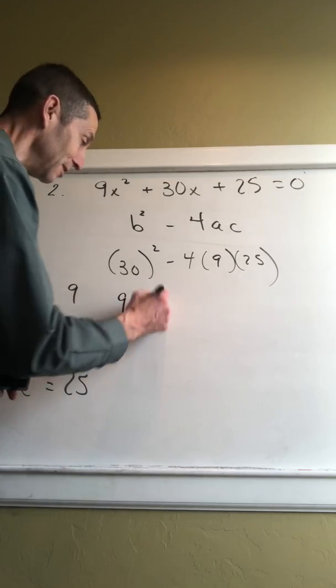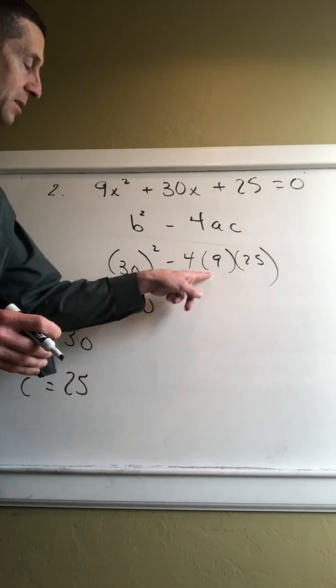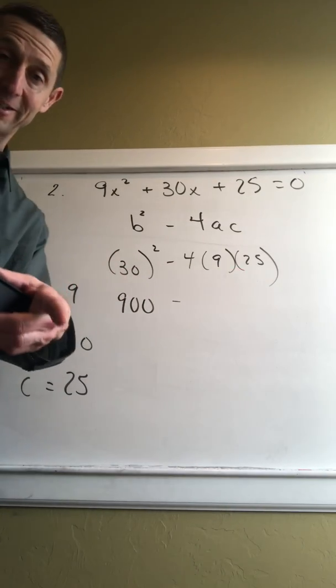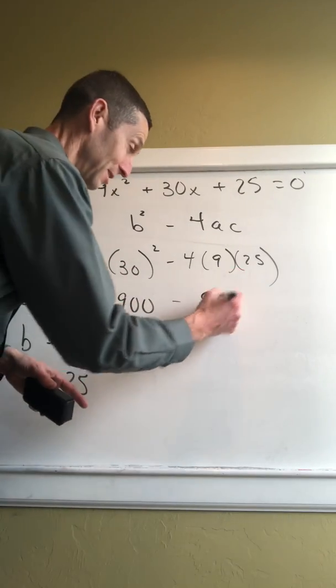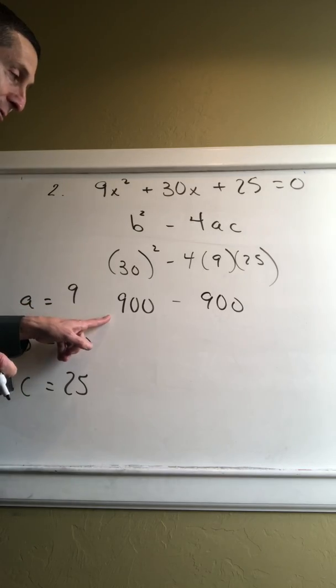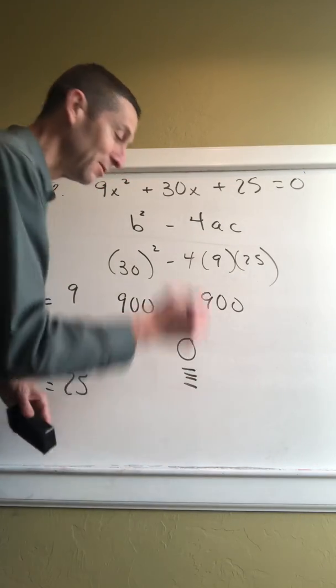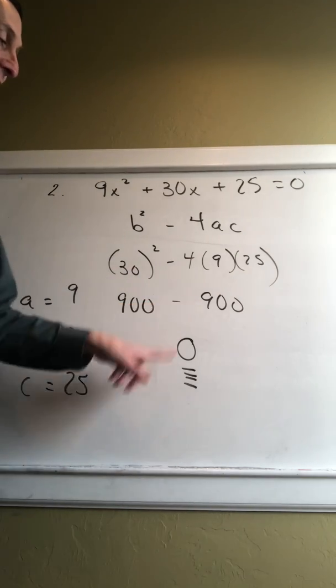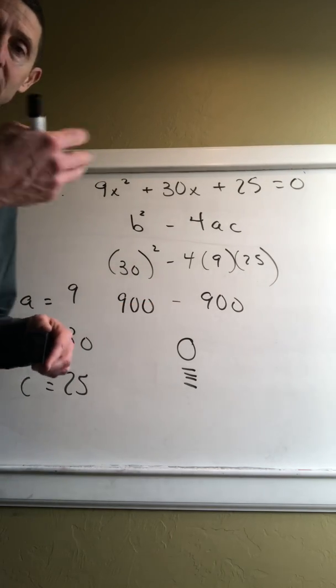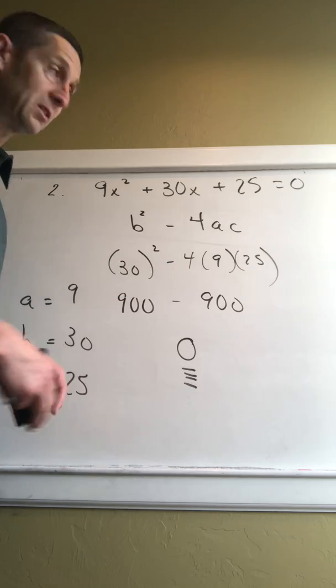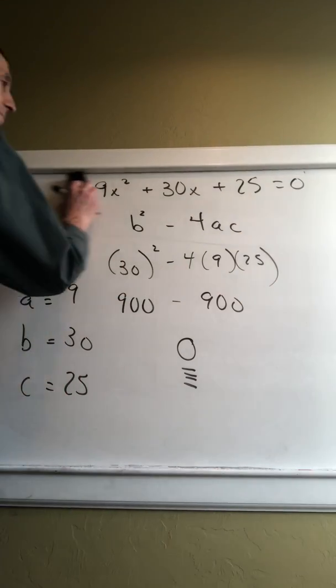I'll tell you, it's 900. Then you take 4 times 9 times 25. Oh, I see where this is headed. This is also 900. So if you have 900 and you subtract 900, you just found your first answer. 900 minus 900 is 0. So my discriminant turns out to be 0, and that's your first answer.